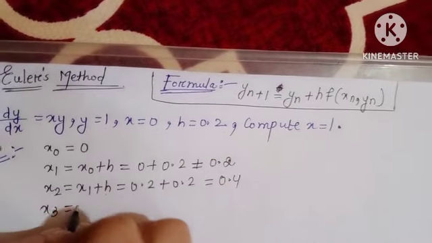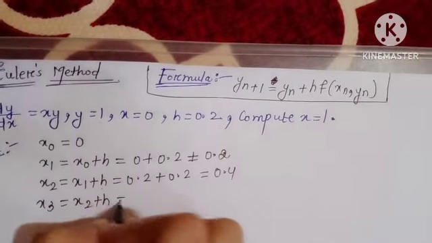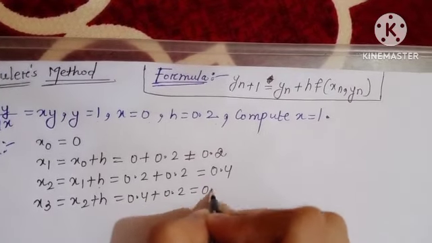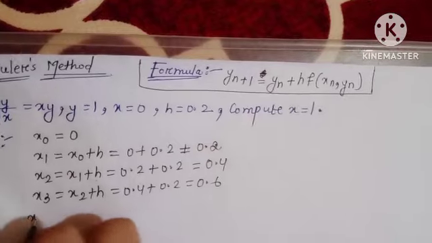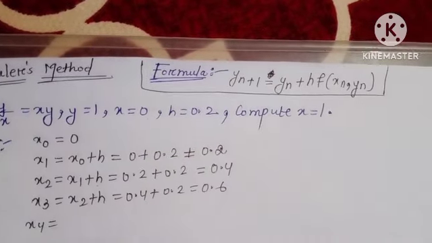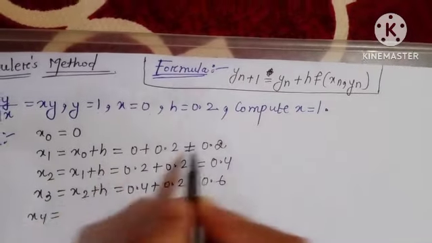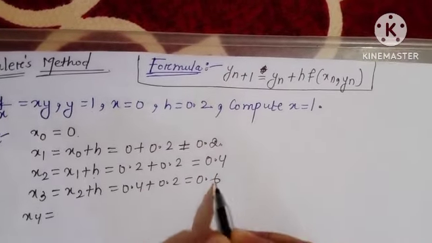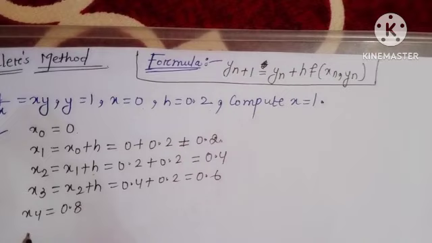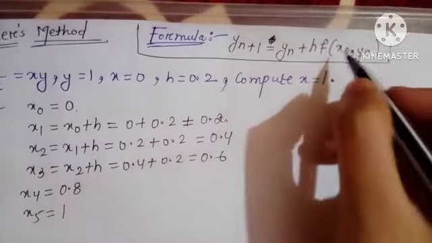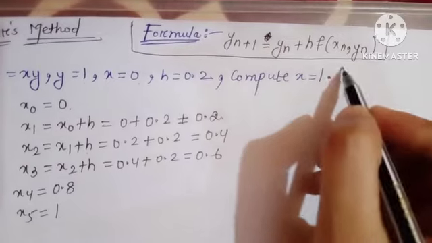Like this, x3 is 0.4 plus 0.2, 0.6. x4 is, see, the difference is 0.2. So here 0, 0.2, 0.4, 0.6, 0.8 and x5 will be 1. So we will stop here. Why? Because we have to find x equal to 1.